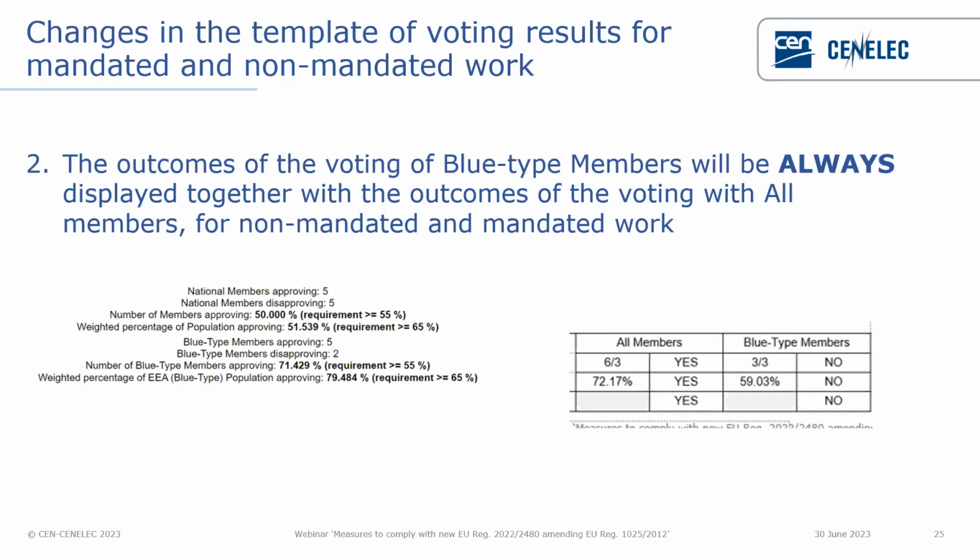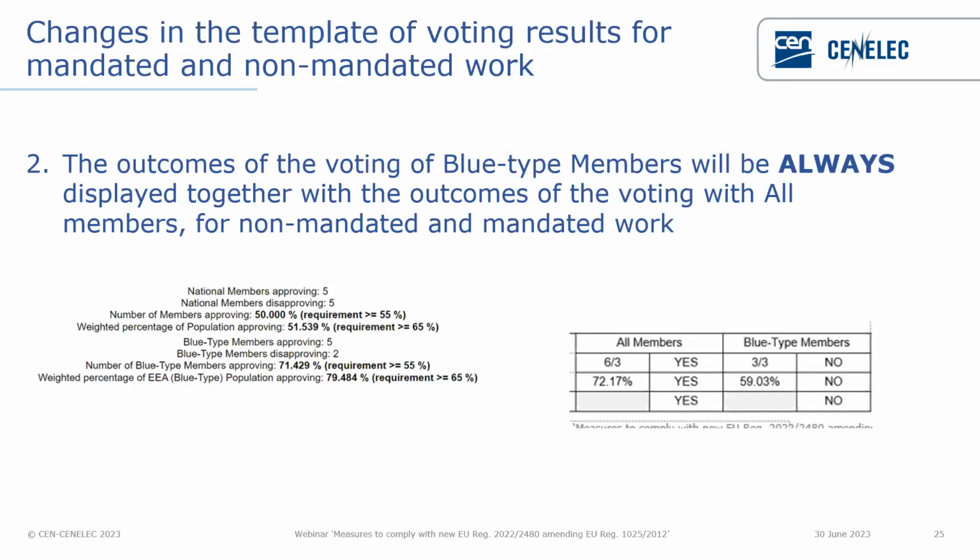Imagine that after an inquiry or after a formal vote, the TC secretary realized that there was a mistake in Projects Online. By always having the double counting on the voting result, the secretary will be able to retrieve what would have been the result by counting also the vote of blue type members.